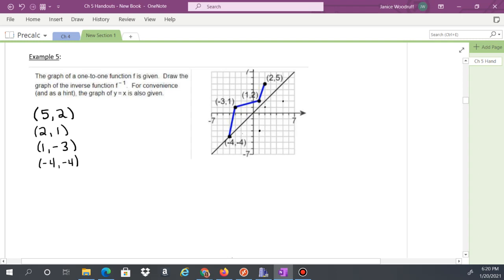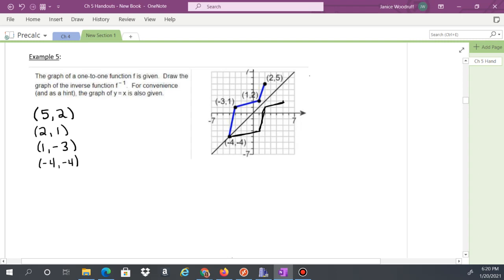Okay, if I connect the dots on this graph, this is what it looks like. There you go. So it is symmetrical.